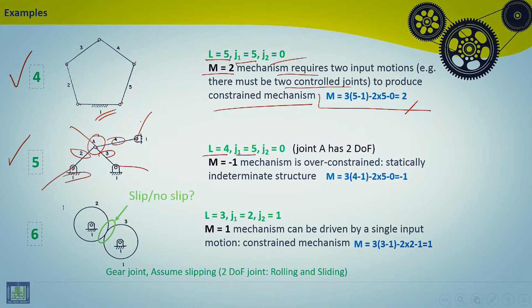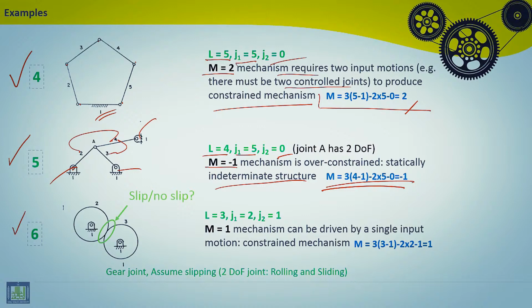This rotation in A, here, if we explain, between 2 and 4, we have 1 rotation. Between 4 and 3, we have 1 other rotation. So in total, we have 5. 2, 3, 4, and 5. Higher pair is 0. So M is equal minus 1. Mechanism is over-constrained, statically indeterminate structure.